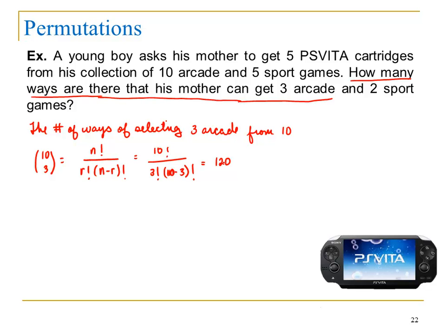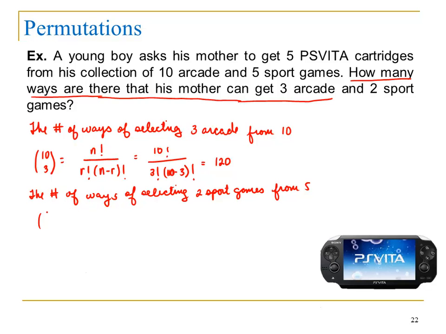Now we need to look at the sport games. So we do the same thing. The number of ways of selecting two sport games from 5.